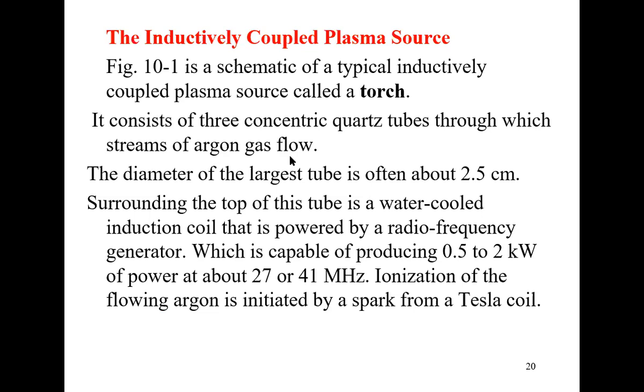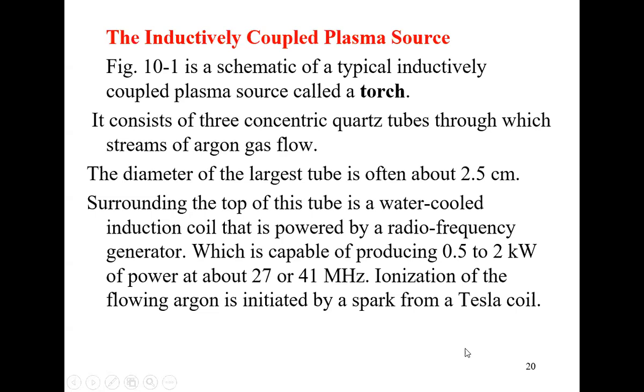At the same time, the diameter of the largest tube is about 2.5 centimeters, and surrounding the top of this tube, as you see, is a water-cooled induction coil. The radio frequency coil has to be cooled. So that induction coil at the very top is powered by radio frequency capable of producing 0.5 to 2 kilowatts of power, and the radio frequency of about 27 or 41 megahertz.